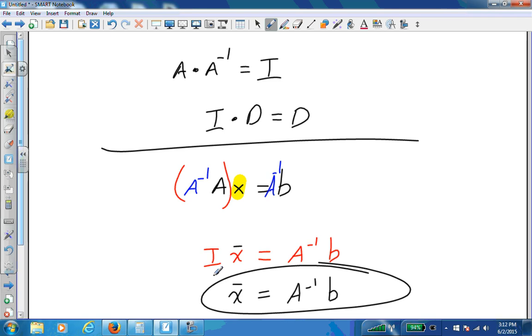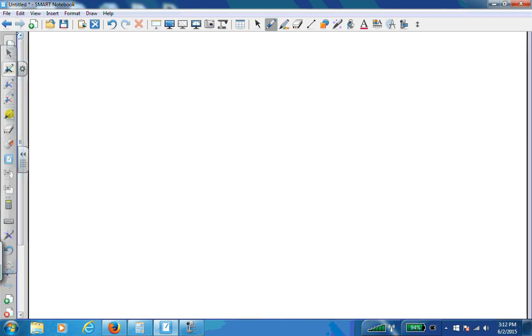So let's use that in order to solve a system. Let's take this one, which would be easy to solve using old-fashioned elimination. But let's use our matrices. Our coefficient matrix here is 1, 2, 1, negative 2.